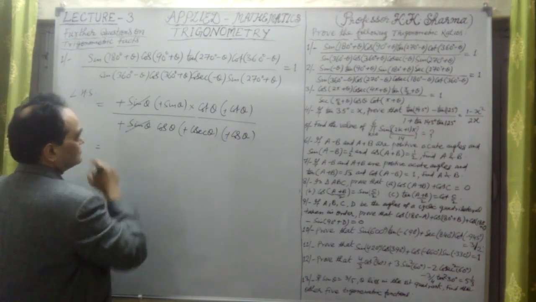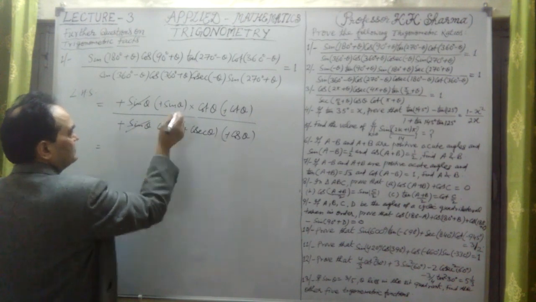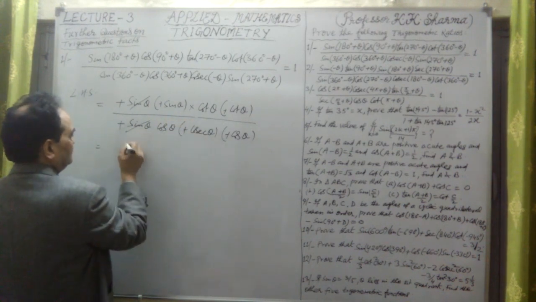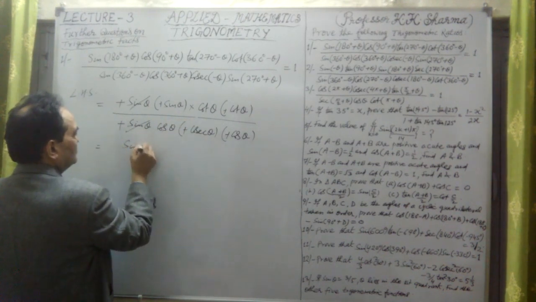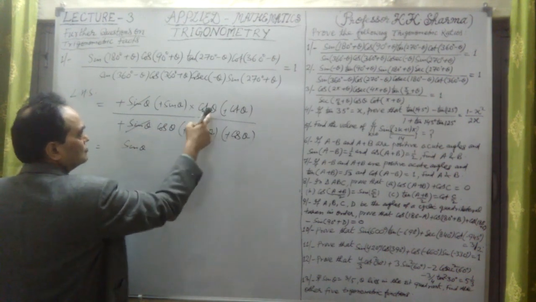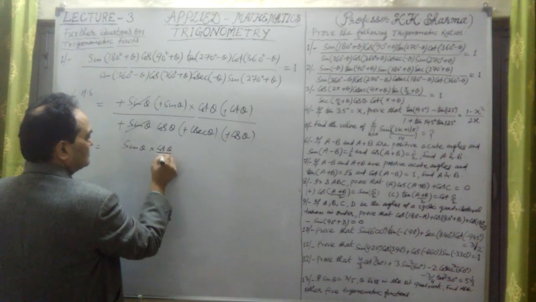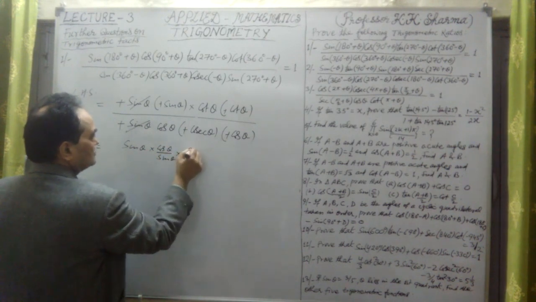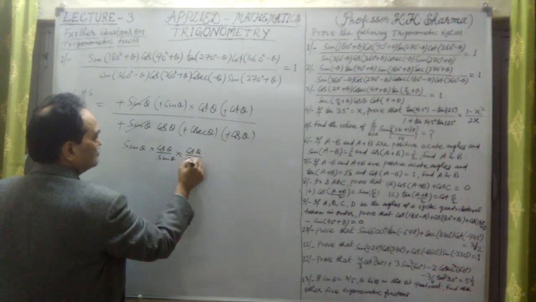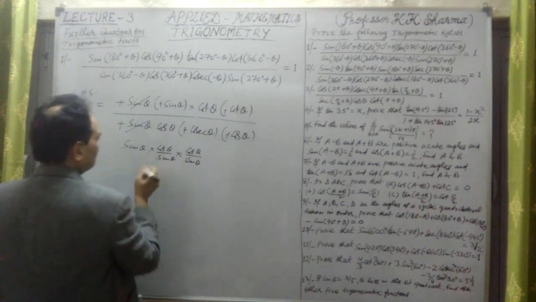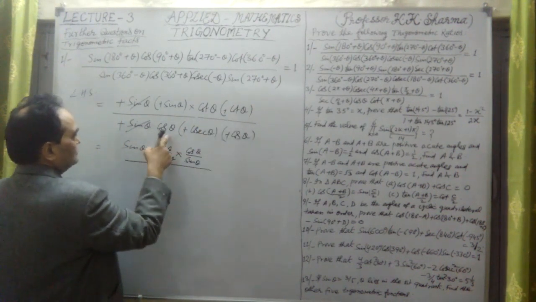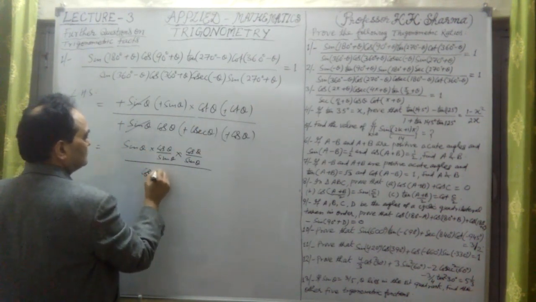Now let us talk about the other side. Let me convert them into sin and cos. In the numerator it is sin theta, with 1 sin theta left over. Cot theta is cos theta upon sin theta, again cos theta upon sin theta, divided by cos theta here.